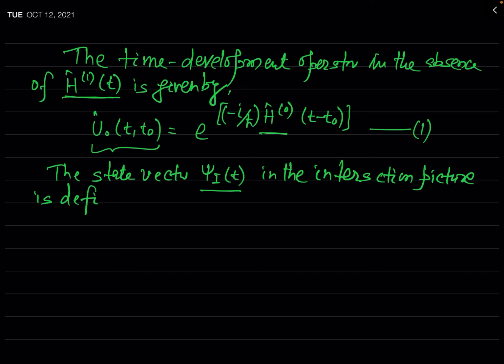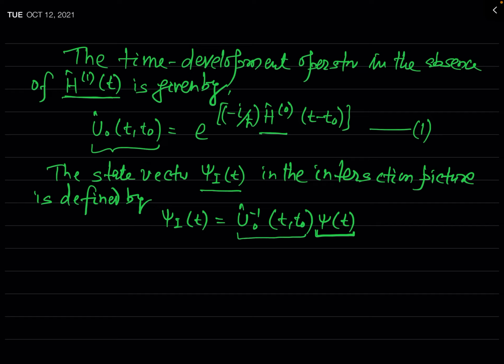As you have considered it here, this is your state vector in the interaction picture, and it is defined like this: psi I of t is equal to U hat inverse of t, t naught, acting on psi of t. You know this psi of t is what? This is actually the state vector in Schrodinger picture.